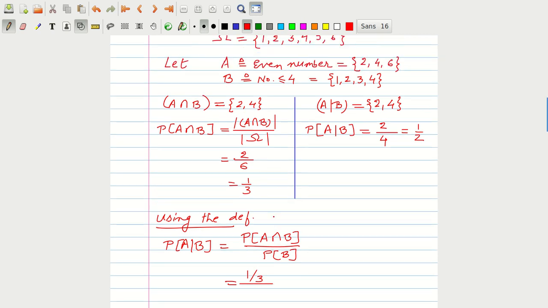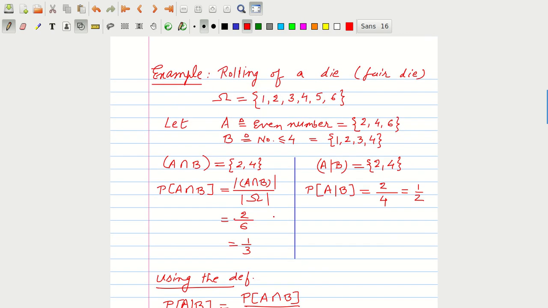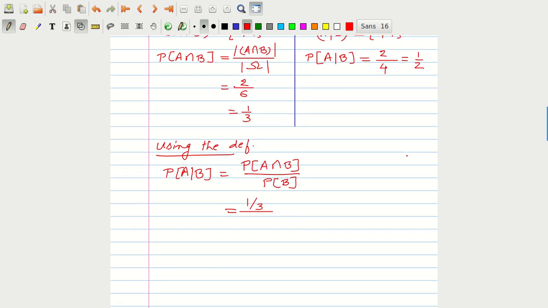Now what is probability of B? As it is clear from here, the number of sample points in event B are 4 and the number of sample points in the certain event sample space omega are 6. So the probability of B is 4 by 6, which is equal to 1 by 3 into 6 by 4, which is 2 by 4, which is equal to half.